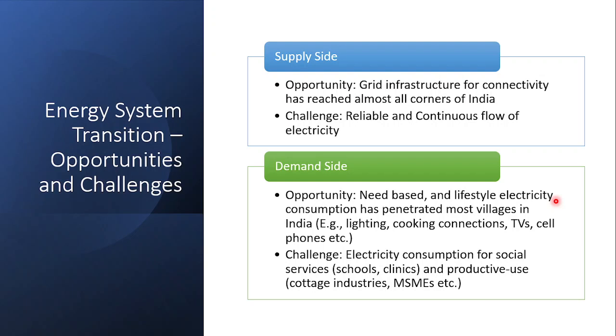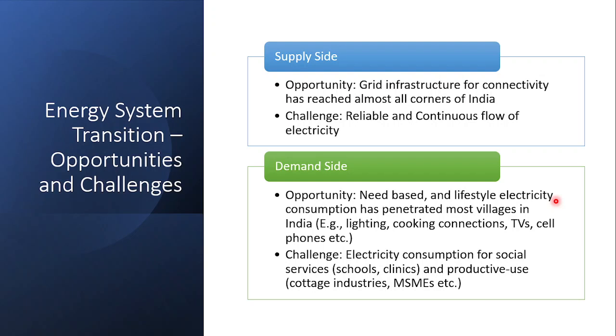Not electrified per se, but they have the infrastructure, that the grid has reached all remote corners of our country. Now it's just a question of how to expand that to individual households. So if electricity has reached your village or your town, then it's just a question of distribution of that electricity to individual homes, right?